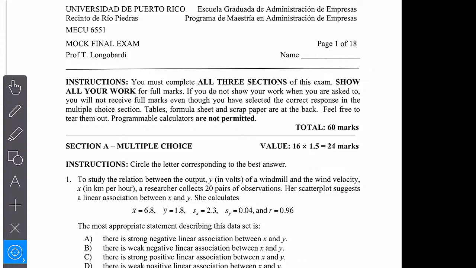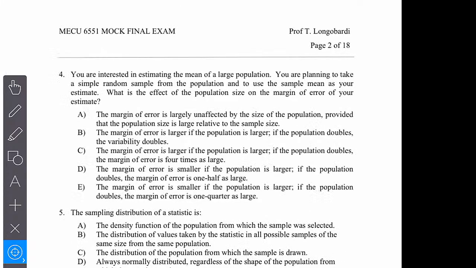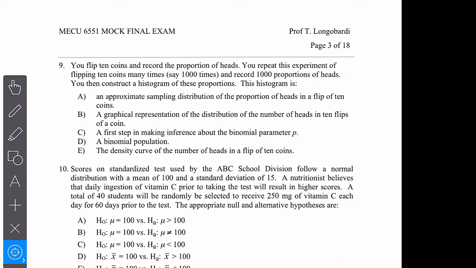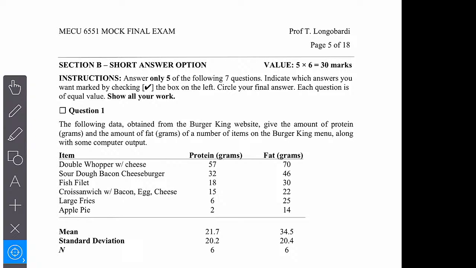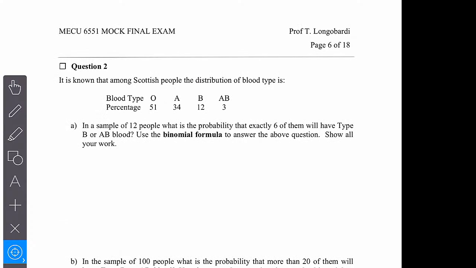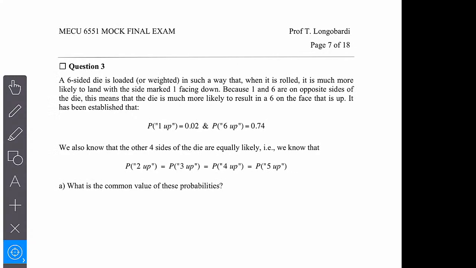Alright, so I'm looking at the mock exam because you haven't said anything. So you see there's 5, you solve 5 from the 7 options, and I have a regression problem and a problem on probabilities, and then binomial approximation, a problem with probabilities.